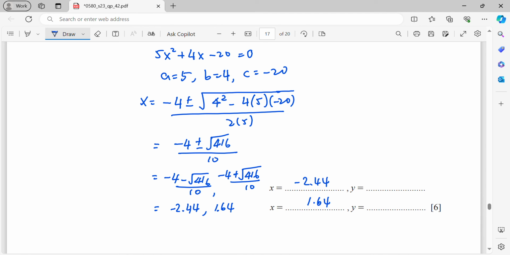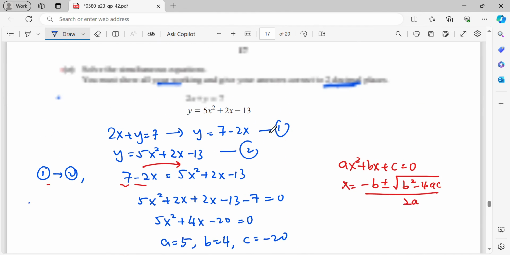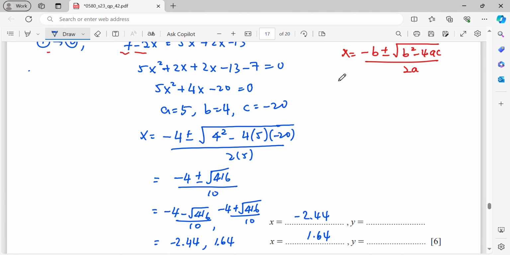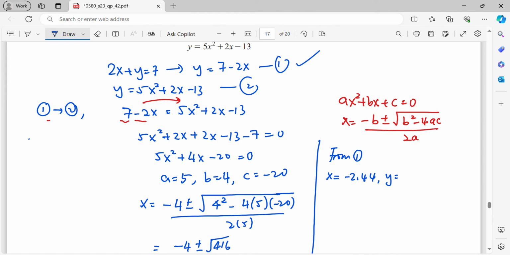And now we need to get the y. So what to do? Just substitute into the first or second equation. So I will substitute into the first equation because it is easier to calculate. Okay, when my x equals negative 2.44, my y is 7 minus 2x. So 7 minus 2 of negative 2.44.